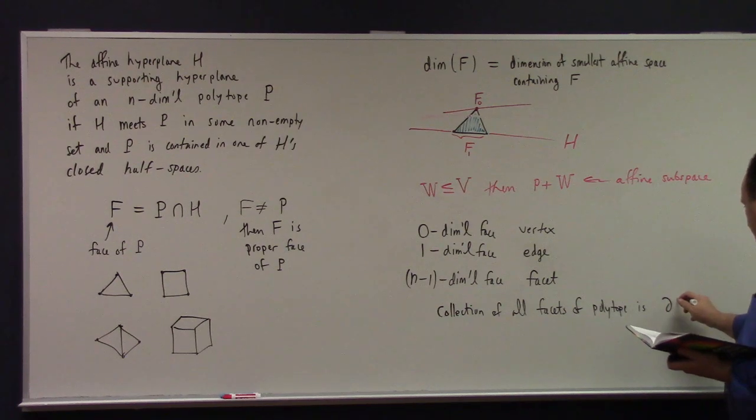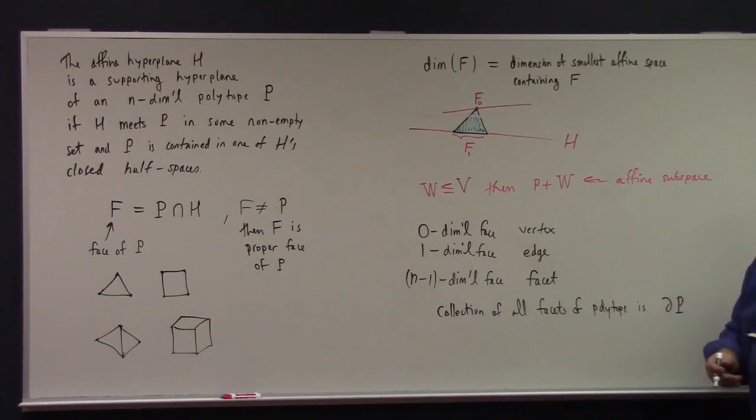Facets would contain the edges? Right, yeah, the facet contains the edges and it contains the vertices. So as a point set, it's the boundary. What's the interior of the polytope?